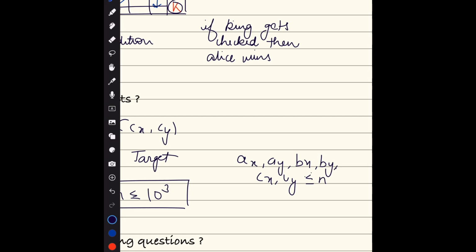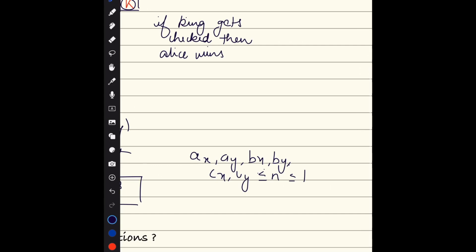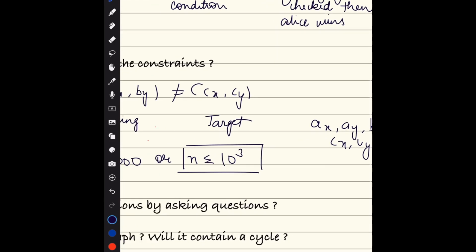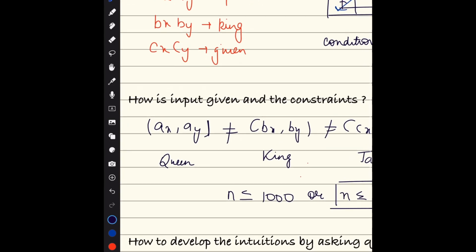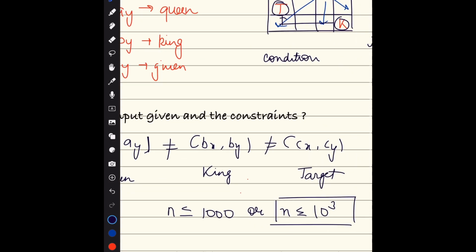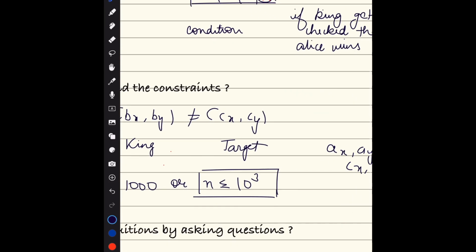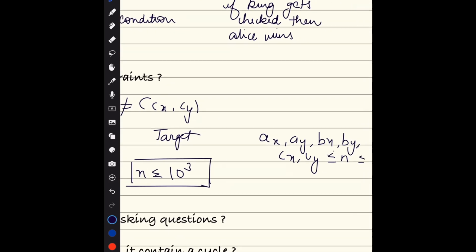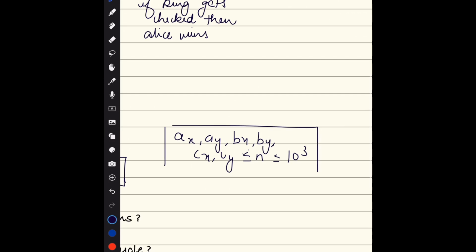They do not exceed n, so they are all less than or equal to 10 to the power 3. This is what the input constraints say. So the value of n is 10 to the power 3, and ax, ay, bx, by, cx, cy all lie within 10 to the power 3. That is the intuition.